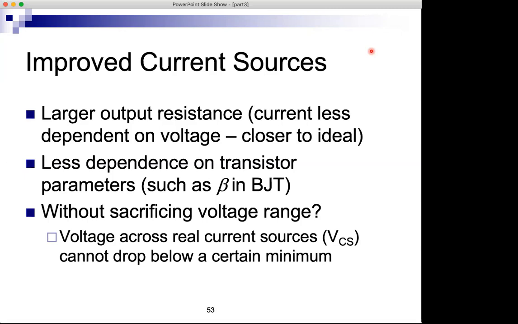And the same thing we saw with the BJT. The minimum voltage we need to maintain was VCE edge of SAT. We need to avoid the BJT going to SAT, and therefore, we need to make sure that its VCE never drops below 0.3. So can I improve the current source without sacrificing the 0.3 volt? Come in, we'll see about that.